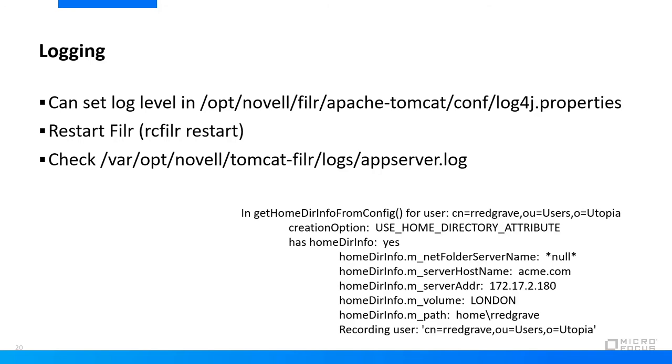So if you're trying to do some troubleshooting, then you may want to just uncomment those log lines and set the log level. By default on the commented lines at the moment it's set to debug, but it is quite useful for troubleshooting if need be. So let's just show you that.